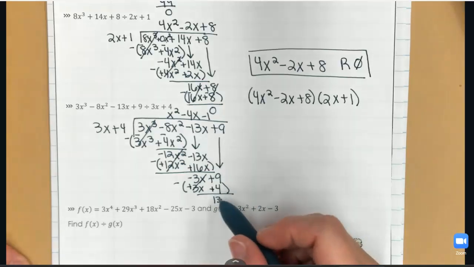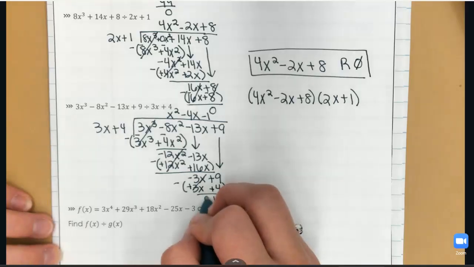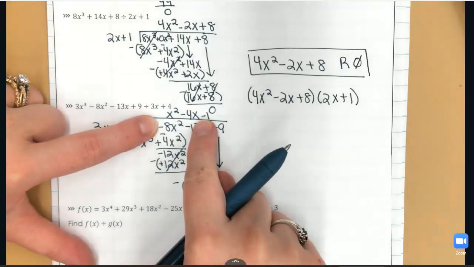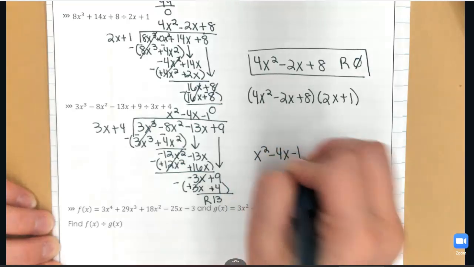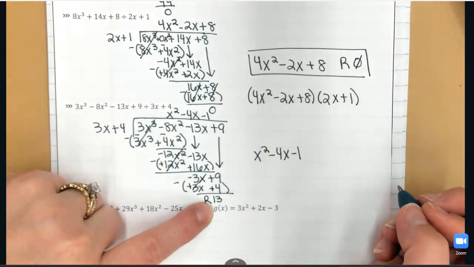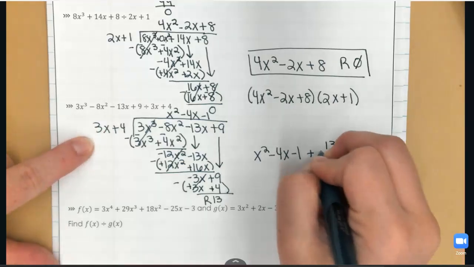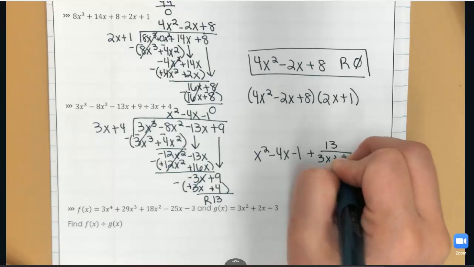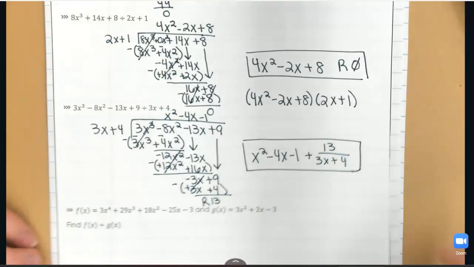So I no longer have an x in here, so I cannot divide any further. This is going to be my remainder. So what was on top of the house is my result, x squared minus 4x minus 1, and my remainder is 13 divided by our divisor, 3x plus 4. There is our final answer.